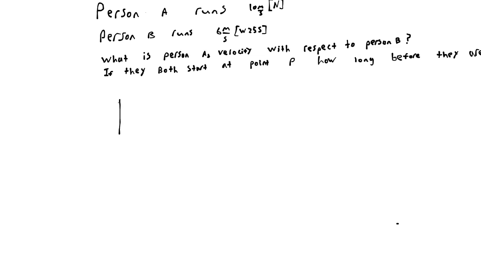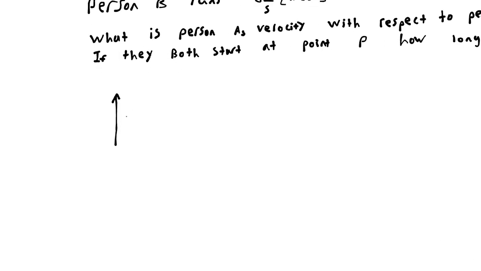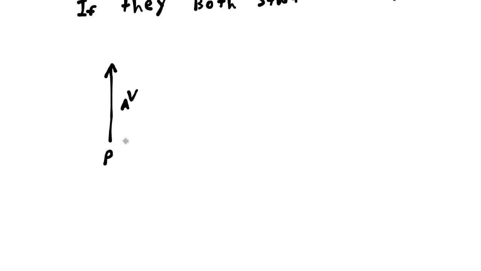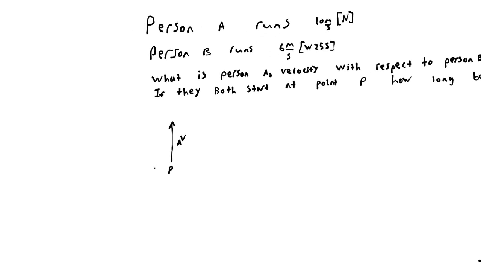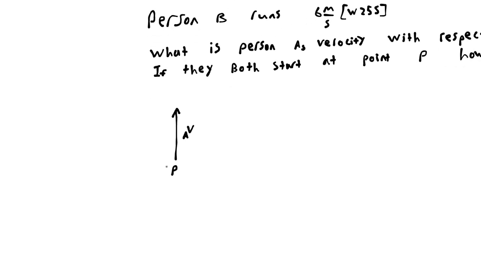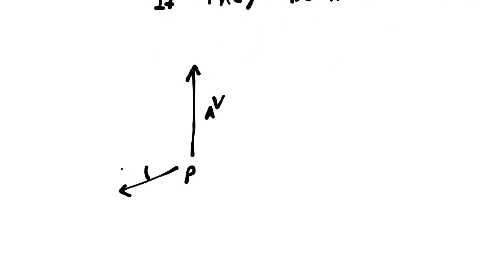So this is going to be person A's velocity, so velocity A. And then there's going to be point P right here. So that's point P, which is kind of like the origin. And then person B runs 6 meters a second west, 25 degrees south, which is something like this. 25 degrees.